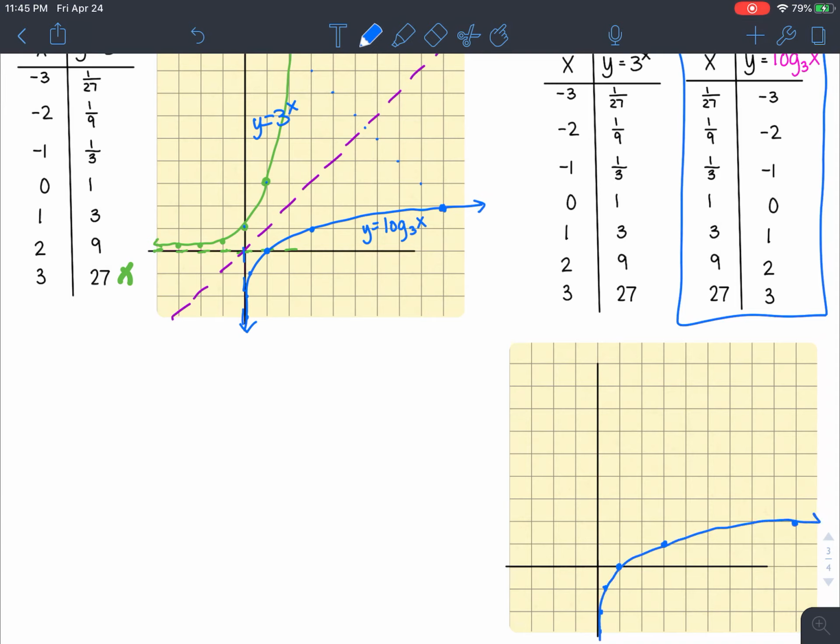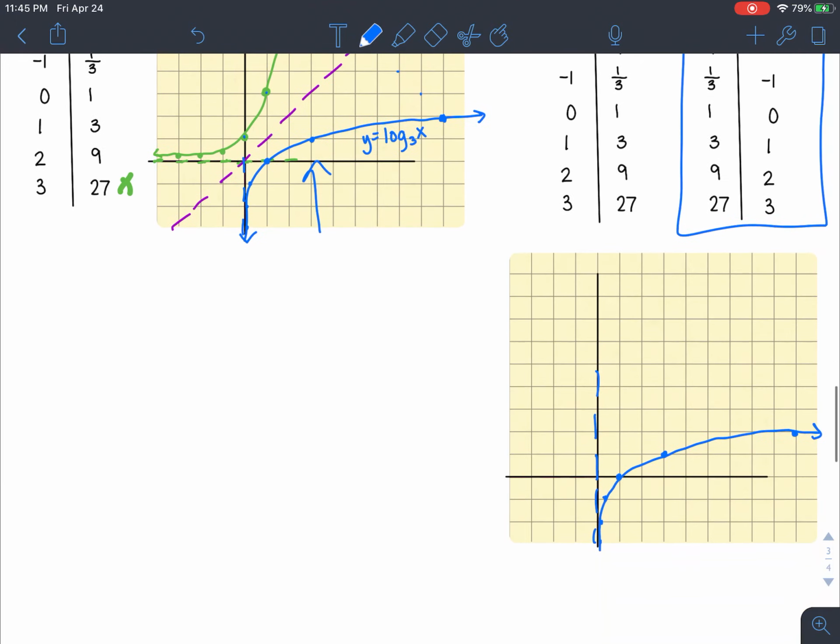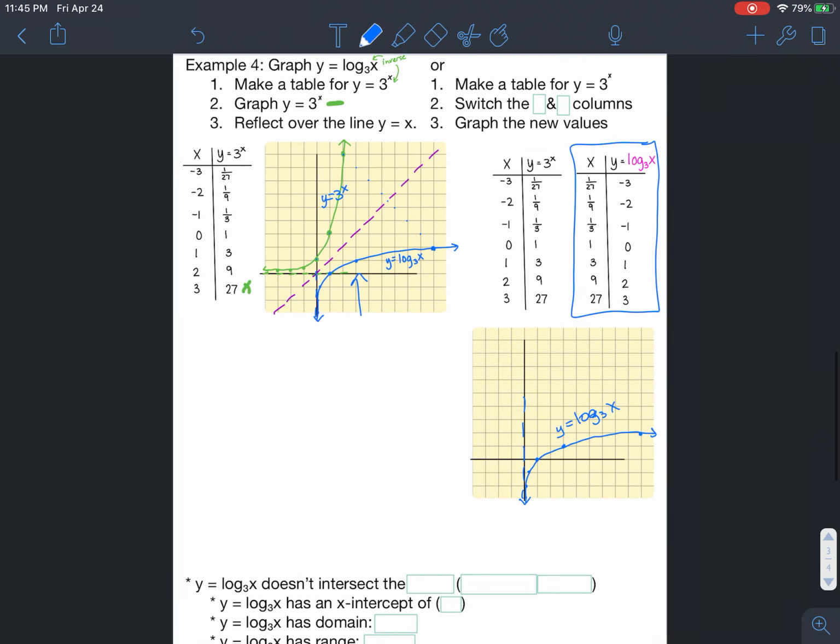But if you compare this to this graph, you'll see that it's the same. Don't forget your vertical asymptote. It's important that you draw that in there. So it's up to you which method you like better.